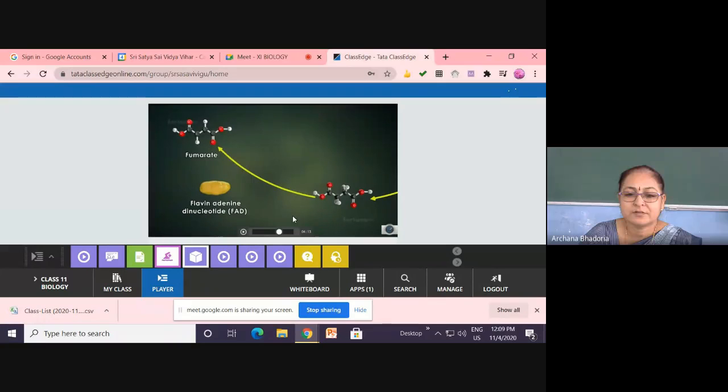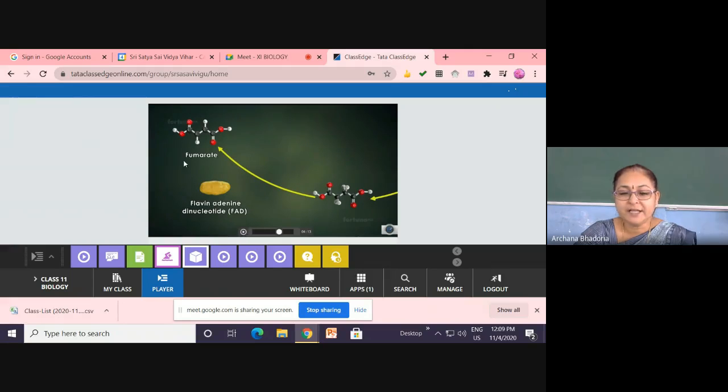Yes, ma'am. So how to say what reaction is going on? In the presence of this enzyme, this is converted to this. And then what is released, what is consumed, all that you have to understand. And what is FAD? If you want to note down the full form, you can note down, sorry, flavin adenine dinucleotide. Okay, that is FAD.